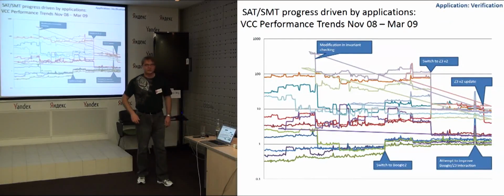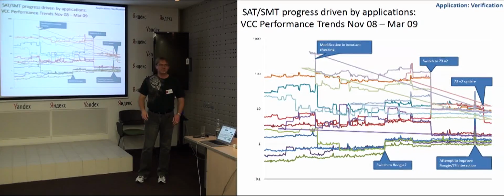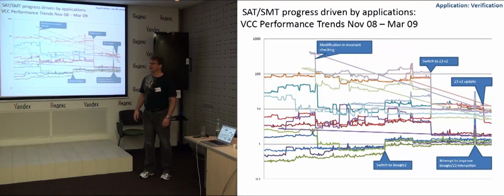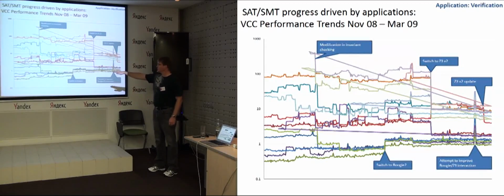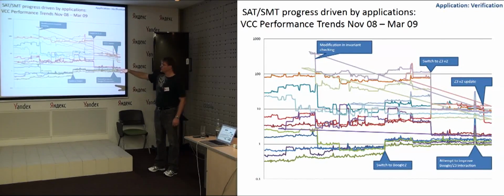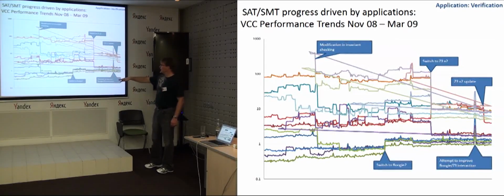I'll just go over one war story from this project. They ran regressions every night on all the modules they had been verifying, and took the timing. Each color is one of the modules, and the vertical axis is the time it took to verify one of the modules.